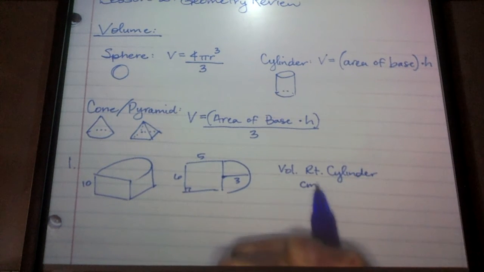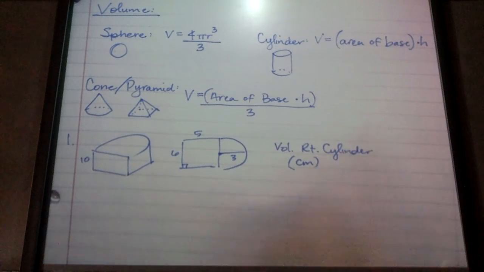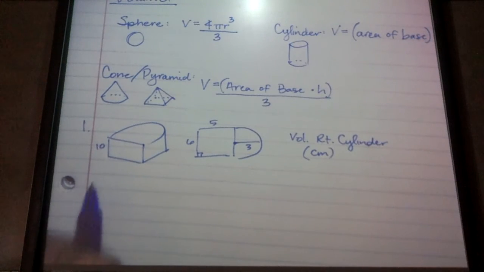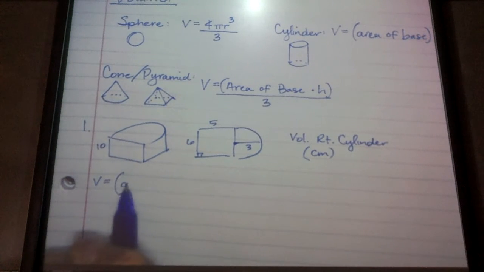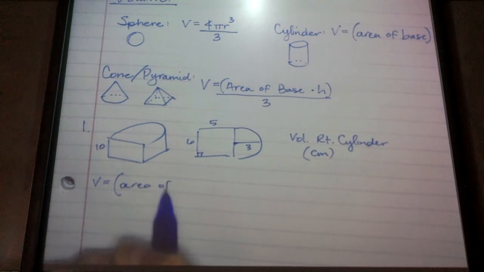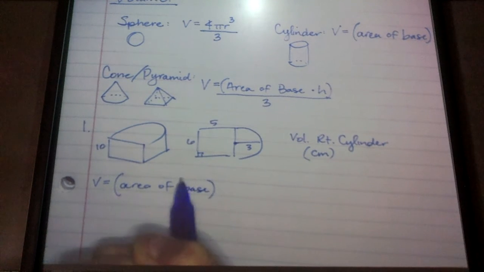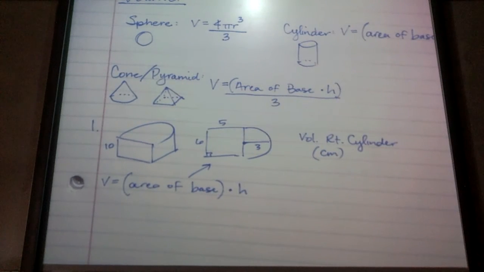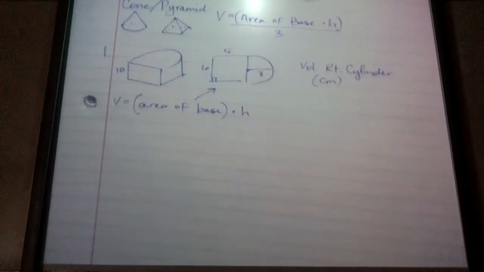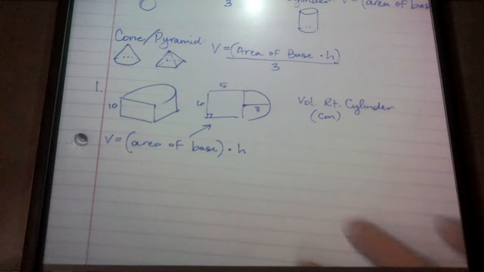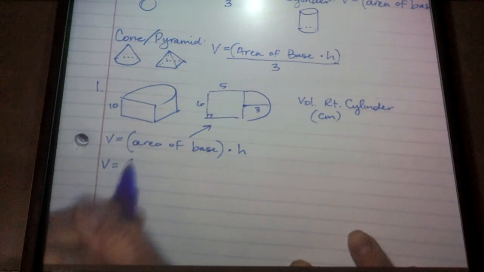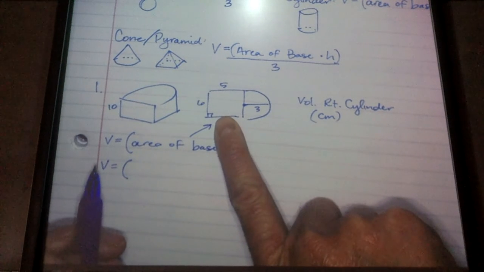Okay, so for a cylinder, I have to find the area of the base times the height. So volume equals area of base, which would be that, times the height. And so I'm going to fill in what I have. My base, we can agree this part here is a rectangle.